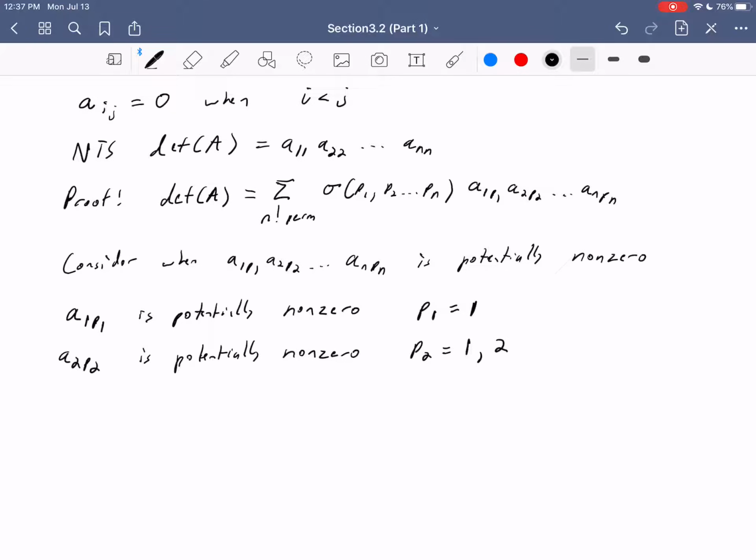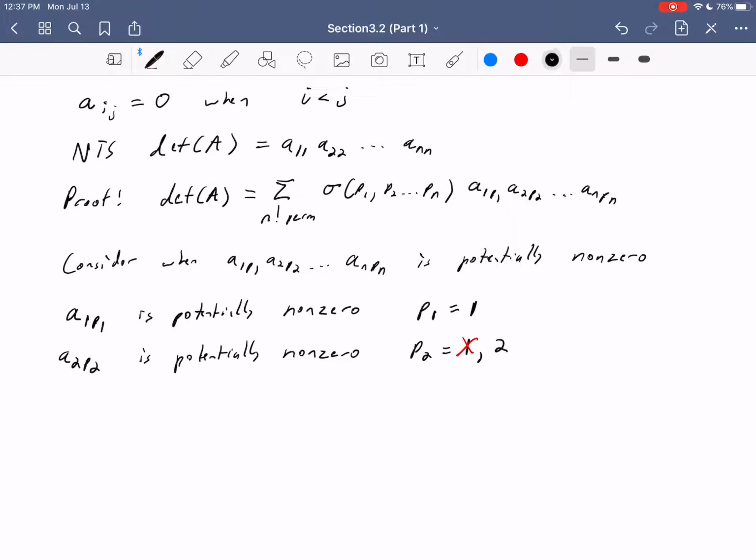But if we think about it, we know P1 must be 1 to be potentially non-zero. And remember, a permutation, every element is distinct because you're permuting the first n numbers. You can't have any repeats. So if we know P1 is equal to 1, then we know P2 can't be equal to 1. So that means P2 must be equal to 2.